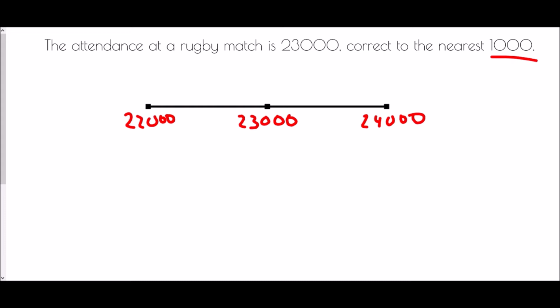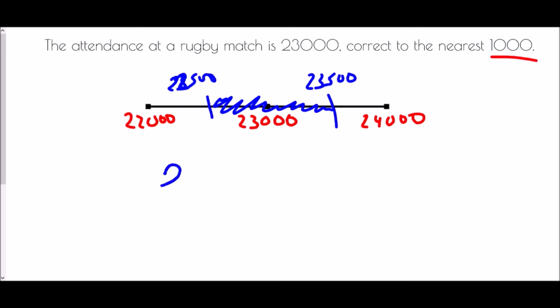The two values I'm interested in are the ones which split that number line in half. So what is halfway between 22,000 and 23,000? Well, it's 22,500, and 23,500. Anywhere in this area would round to 23,000.